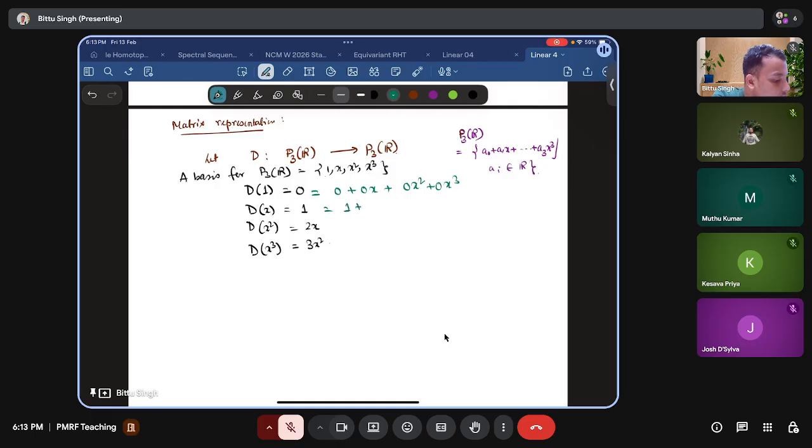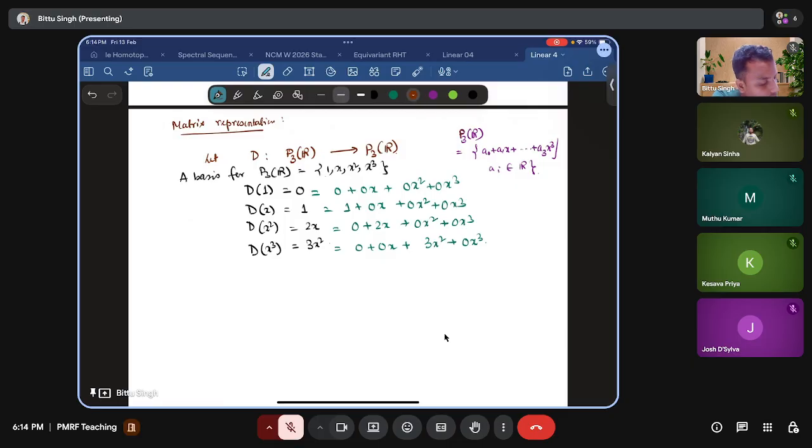And this is similarly 1 plus 0x plus 0x squared plus 0x cubed. Then 0 plus 2x plus 0x squared plus 0x cubed. And this is 0 plus 0x plus 3x squared plus 0x cubed.